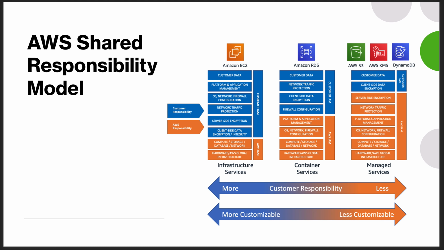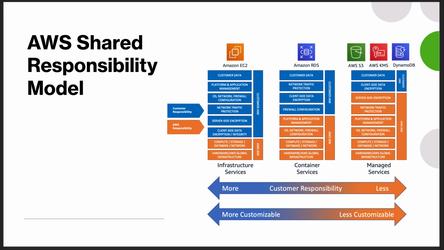The more control you need to have over systems, the more responsibility you take for those systems. So if you're buying Amazon EC2s, you are responsible for your data, your platform application management, the network, firewalls, configurations, traffic protection, server-side encryption, and all that other stuff.